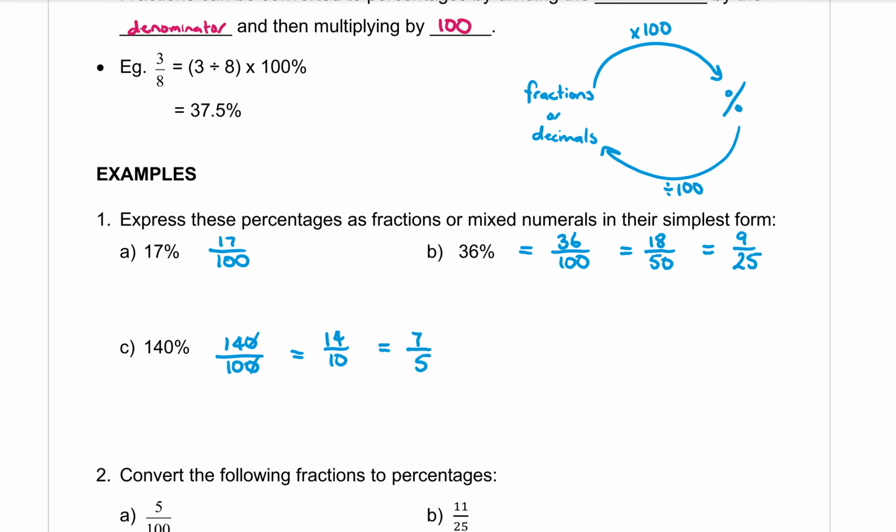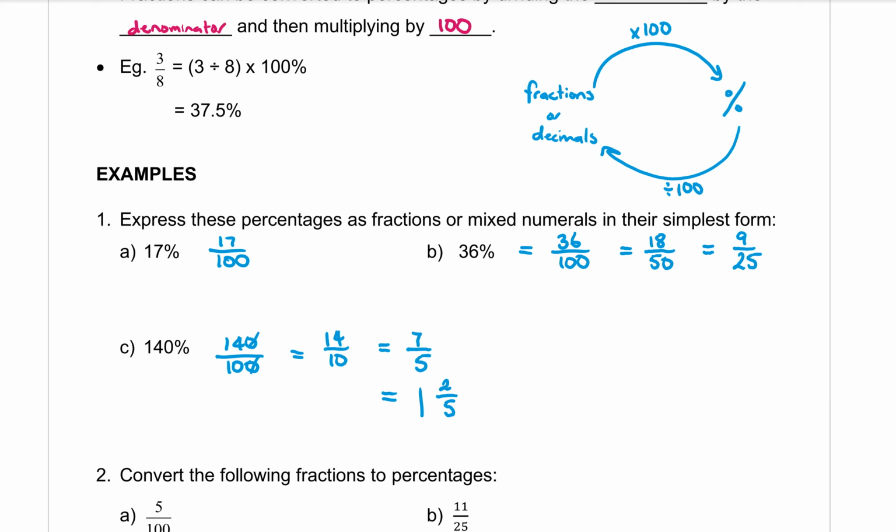Now, the question did say to leave your answer as a fraction or a mixed numeral. If I wanted to leave that answer as a mixed numeral, I would see how many times I can get 5 out of 7. So that goes once. And then I would have a remainder of 2 over 5. So 140% is 1 2/5 as a fraction.